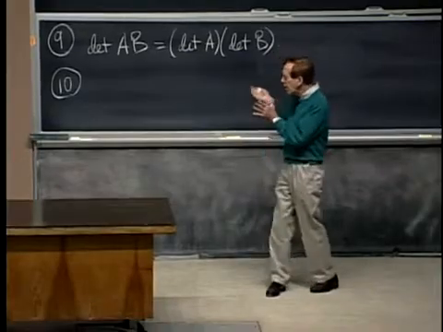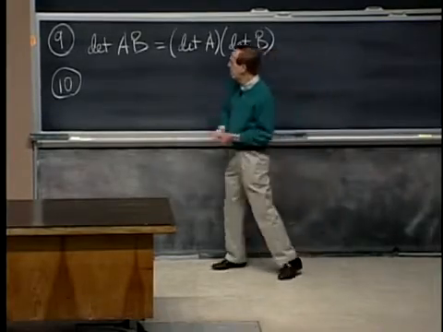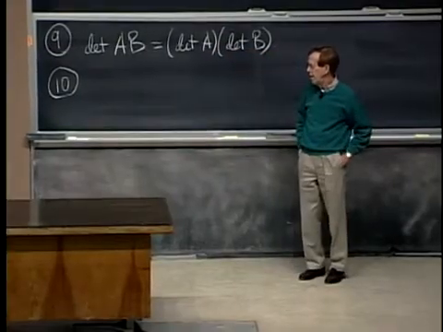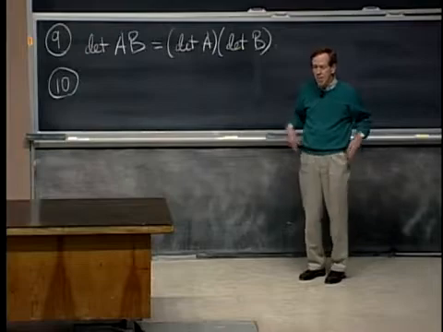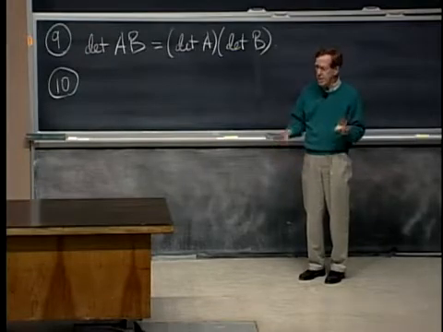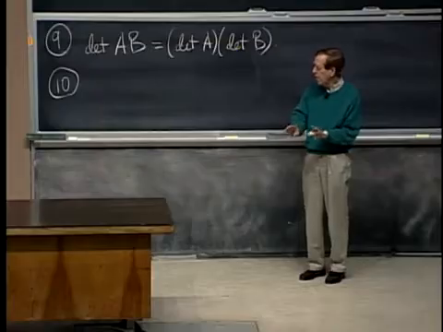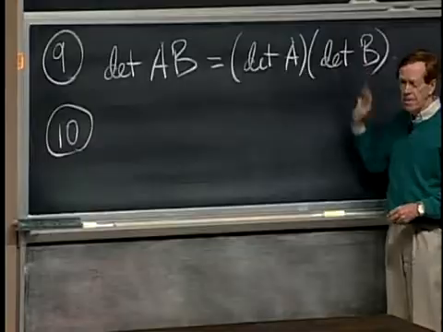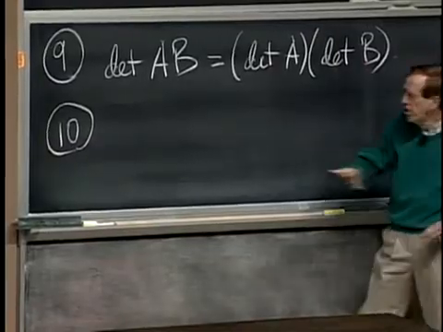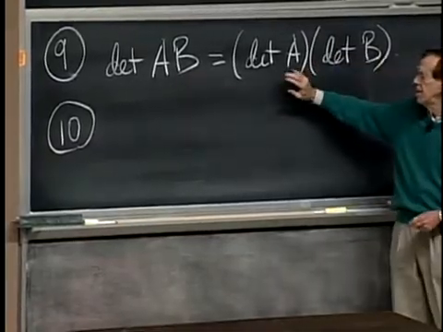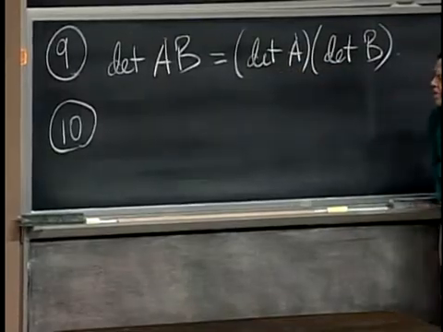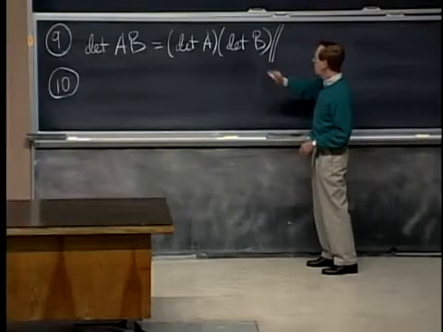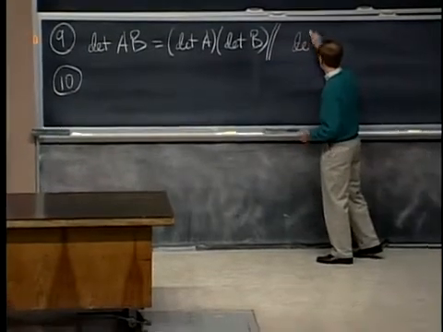It's sort of like partly coming out of the blue because we haven't been multiplying matrices. And here suddenly, this determinant has this multiplying property. Remember, it didn't have the linear property. It didn't have the adding property. The determinant of A plus B is not the sum of the determinants. But the determinant of A times B is the product of the determinants. Okay. So for example, what's the determinant of A inverse?